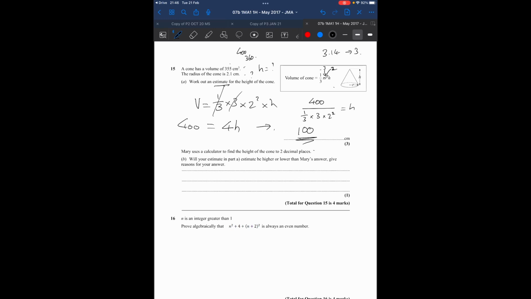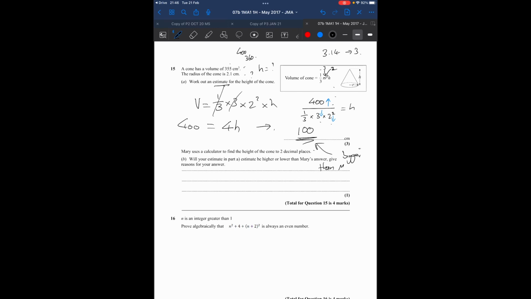So we rounded these numbers. So how did we round them? Well, the 400 went up. The 3 was a result of going down, and the 2 was a result of going down. So if you put all your numbers that you start off with in your numerator up, and you divide by less, what's going to happen to your answer? Well, you're going to get a bigger answer. So this 100 is actually bigger than the real answer.